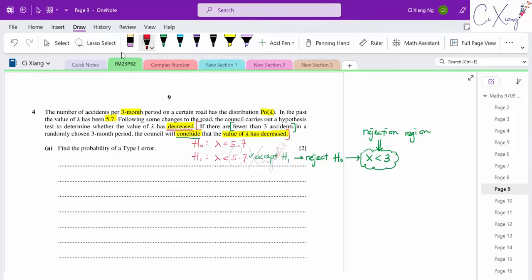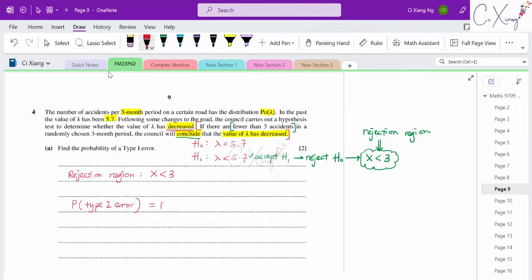Alright, okay, so from this question, first of all, we already know the rejection region given in the question, which is x smaller than 3. Fewer than, there's no equal sign, therefore it is x smaller than 3, and this is our rejection region. And then to calculate the probability of type 1 error, first of all, we need to know the definition of type 1 error.